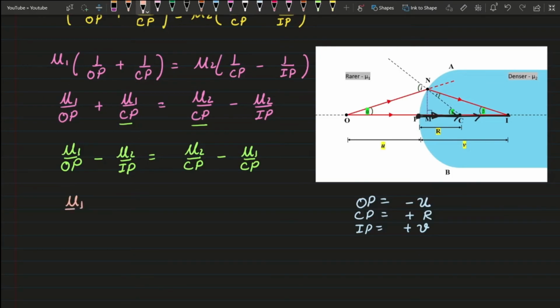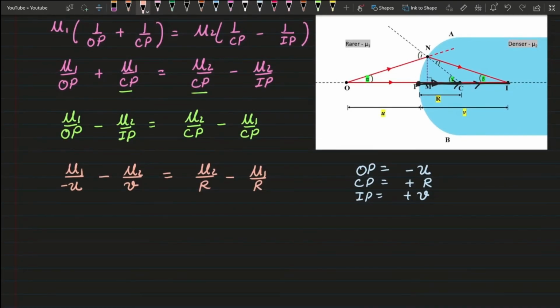It will be mu1, in place of OP I will write minus U, minus mu2, in place of IP I will write V, equal to mu2, CP is R, minus mu1, CP is again R. If you rearrange the terms you will get mu2 upon V plus, it will be plus here, it's a correction, minus mu1 upon U equal to mu2 minus mu1 upon R, as the LCM will be R. So this equation you will get.